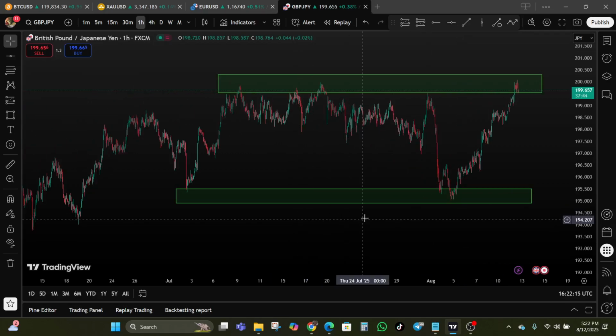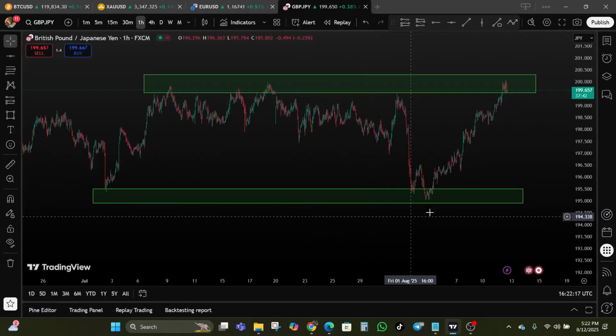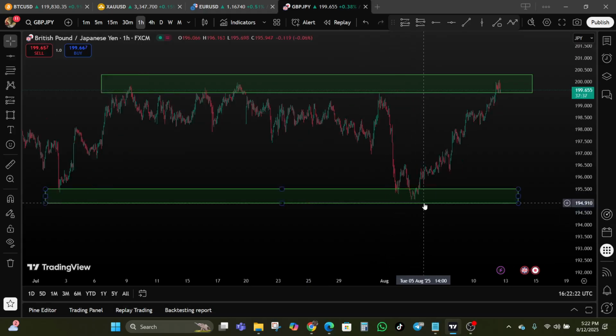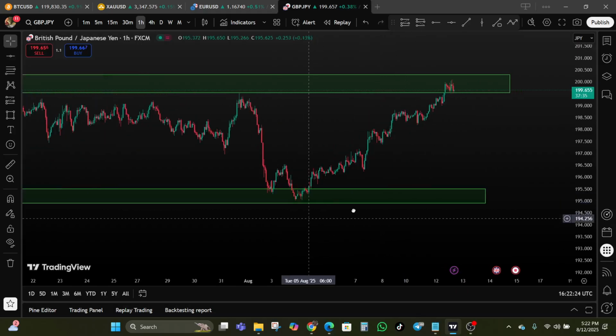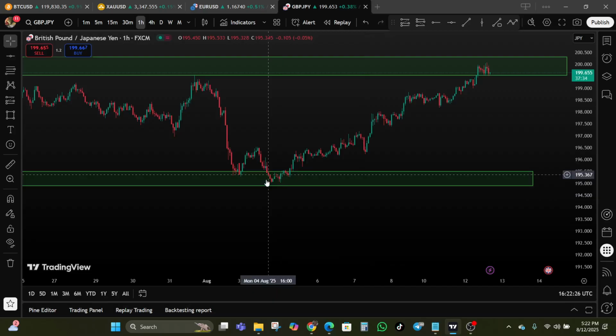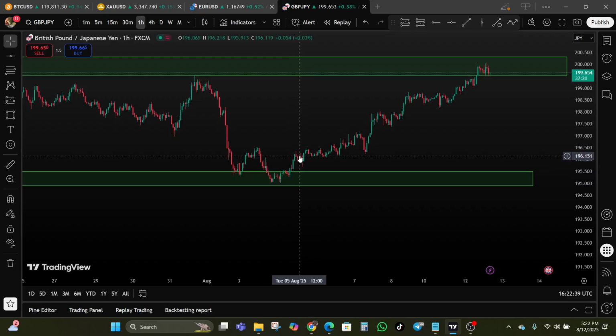So you want to look for zones with a clear base, which is a cluster of candles before the move, and then a strong move away, large impulsive candles away from that zone, and then a little pullback.